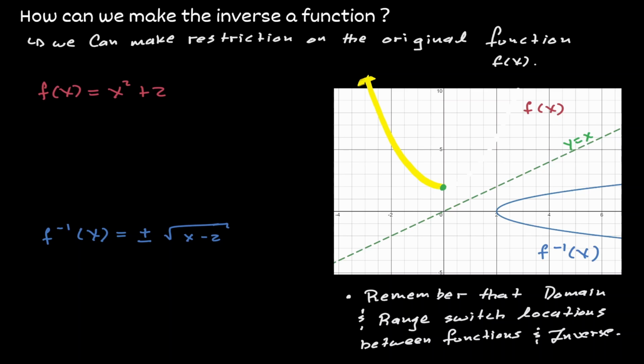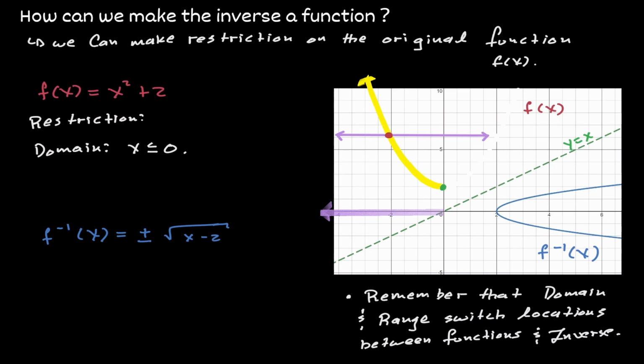Now, if we draw a horizontal line, notice that we're only intersecting our function in one location, not in two as we originally had it. And one way to make this happen is to only consider the x values on the left-hand side of 0. So that is a restriction that we should consider. We can place a restriction on the domain, only considering the values on the left-hand side of 0. x is less than or equal to 0.